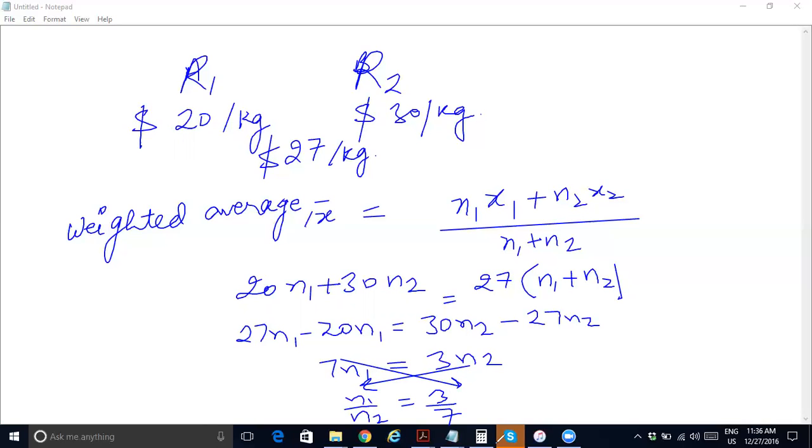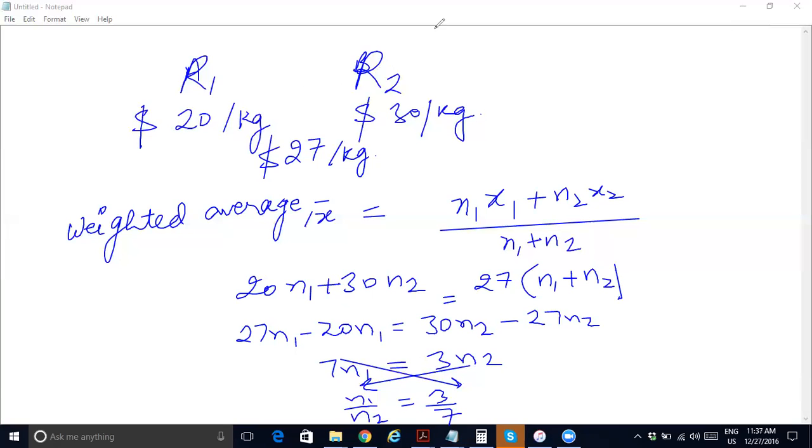Make sense? That is the traditional way of solving it. But how we should ideally be solving it is by the method of alligation. Alligation is a very, very powerful tool in solving weighted averages problems, ratios problems, percentages problems, a lot of areas.